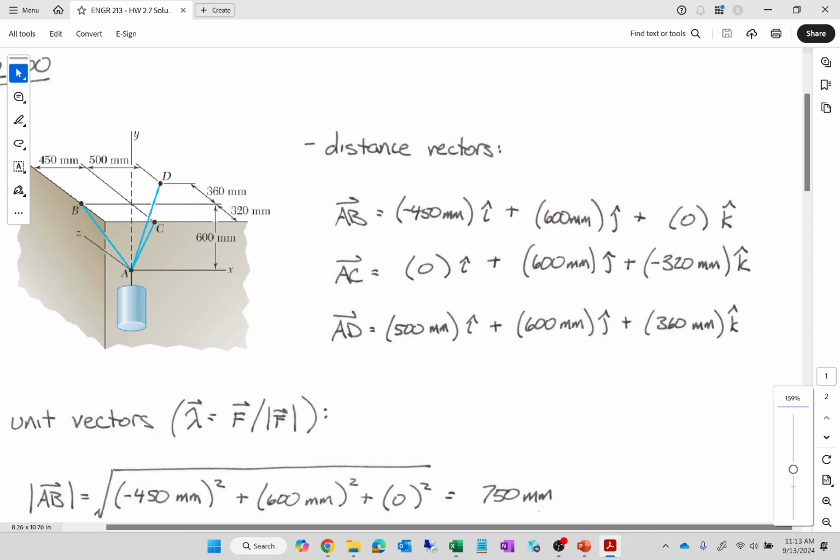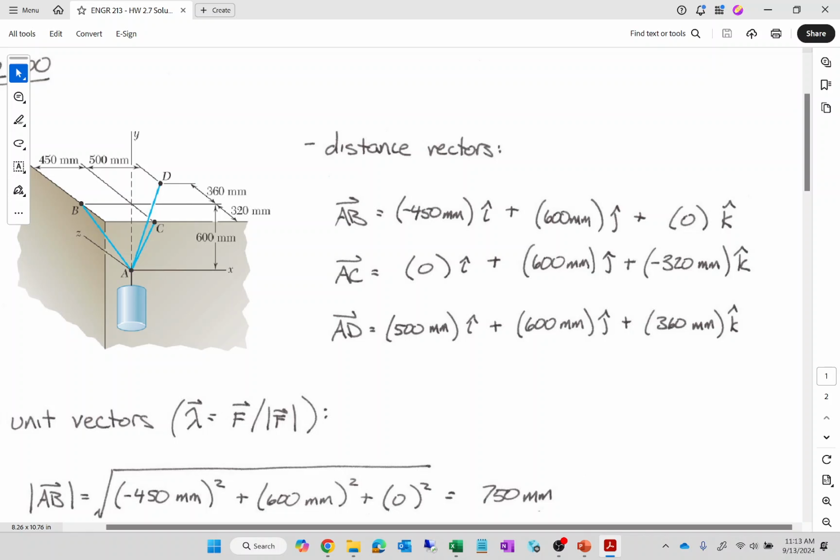So the best thing that I would do is, so whenever we're looking at distance vectors, this is just sort of the way that I do it. I don't know about y'all. I think it's easier to do this. The first thing that I will do is I do not look vector by vector. I look x, y, and z, if that makes any sense. Like I do x first, then y, then z.